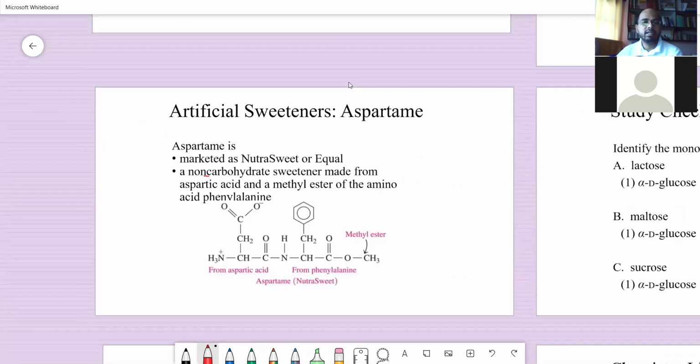It's a non-carbohydrate sweetener made from aspartic acid and the methyl ester of an amino acid. This is not important, but just for reference I am mentioning that something which is not a carbohydrate can also be sweet, like aspartame. This is added artificially in many things.